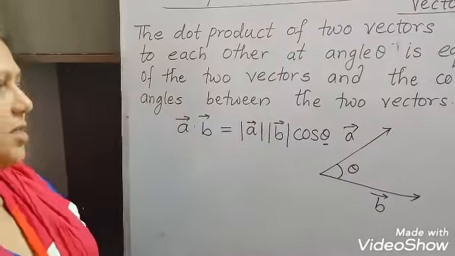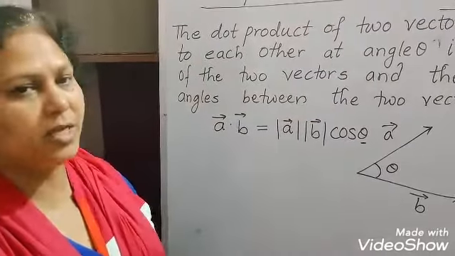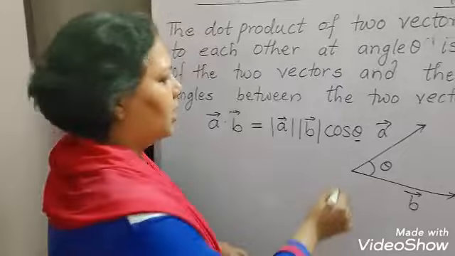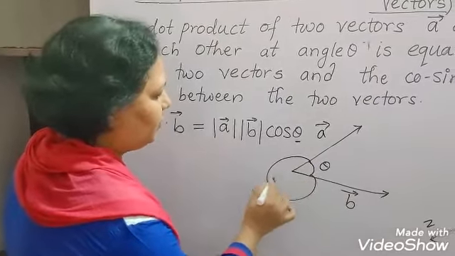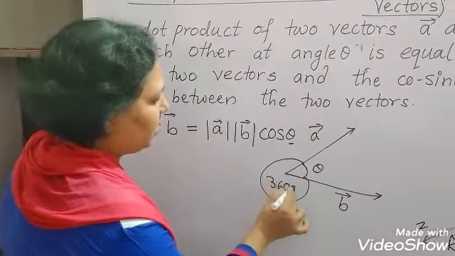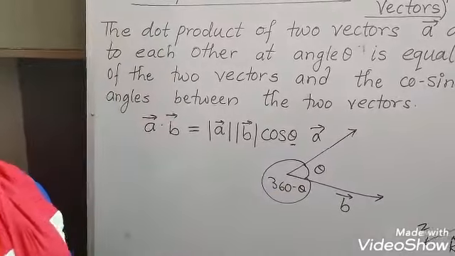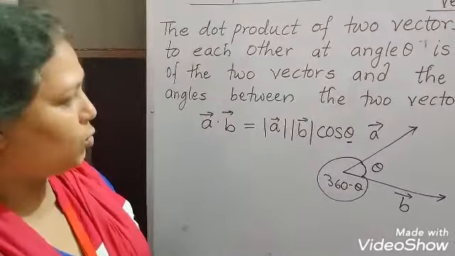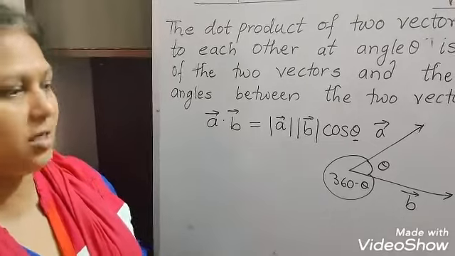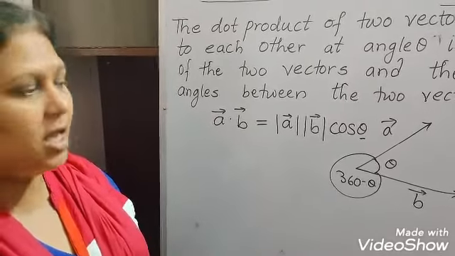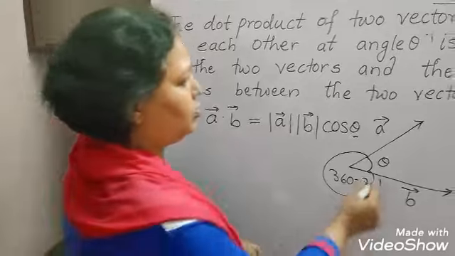The two vectors are inclined to each other by angle theta, and here another angle is there which is equal to 360 minus theta, and obviously by the figure you can see that 360 minus theta must be more than 180 degrees. So theta will be the smaller angle.